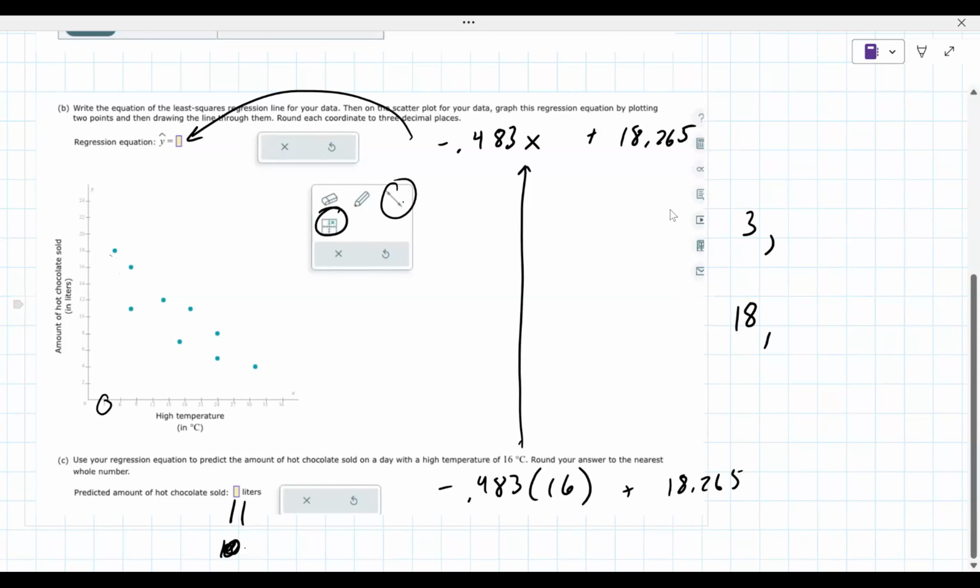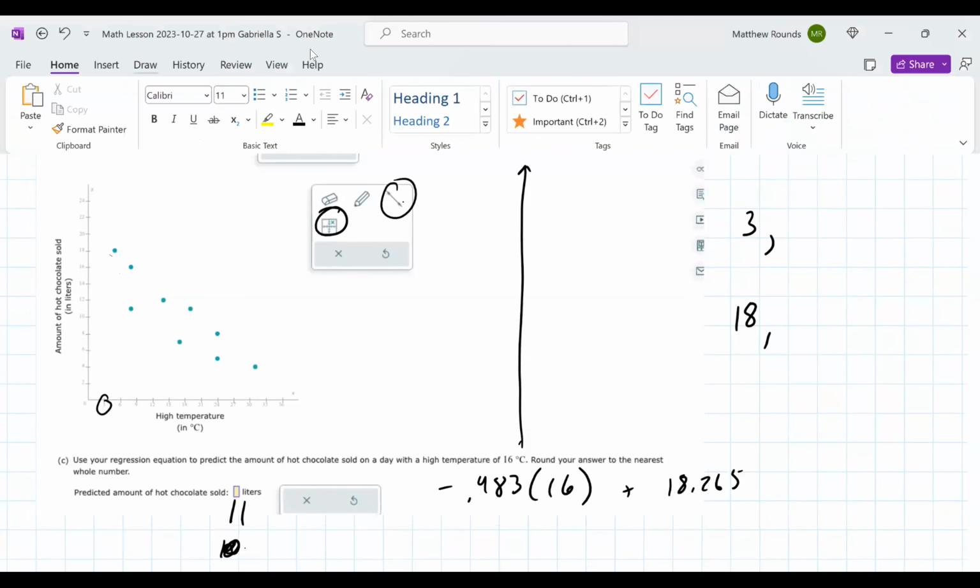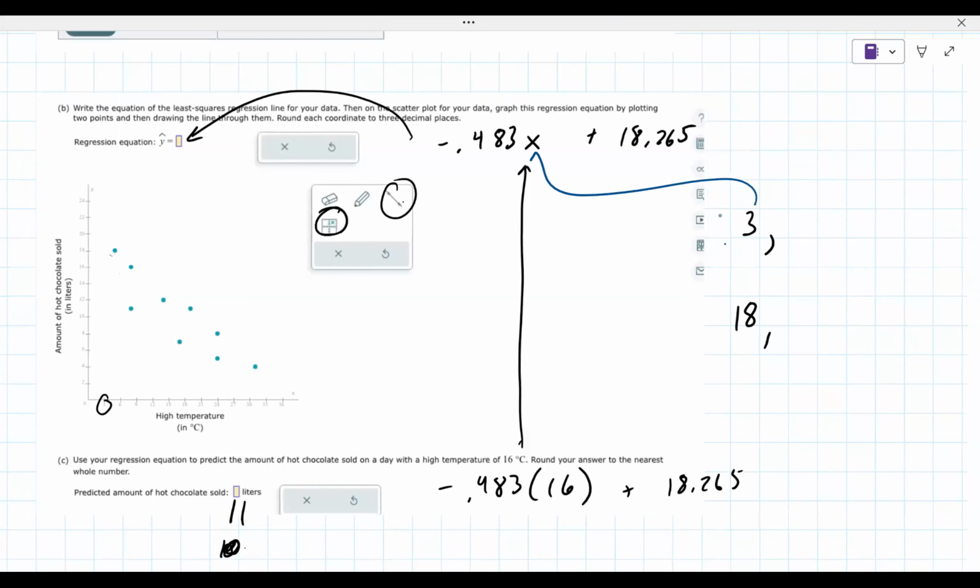So like for the equation for like 3, I'm a little confused. You're putting 3 in for x just like you did below here. You're putting this in for x and then 18 in for x, and you'll get 2 y values.